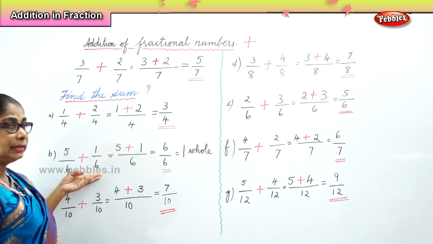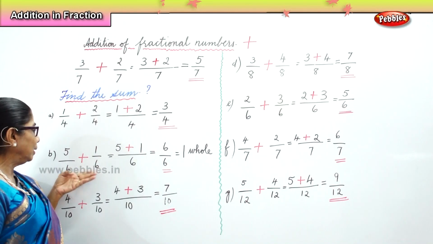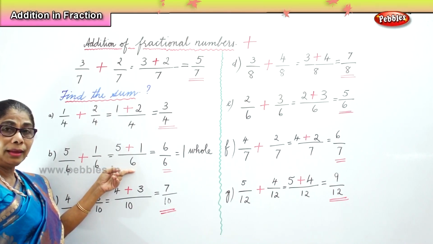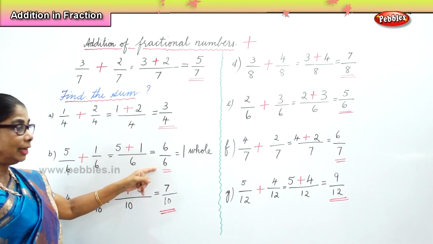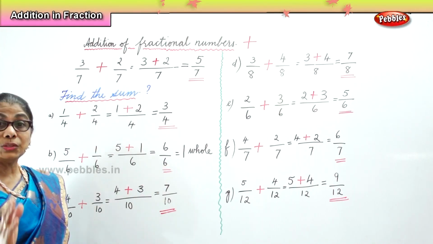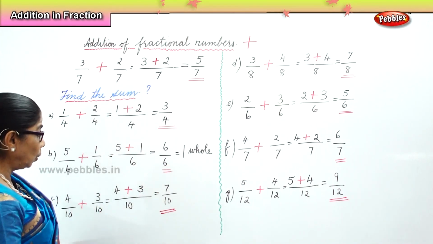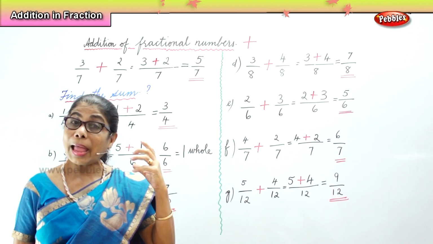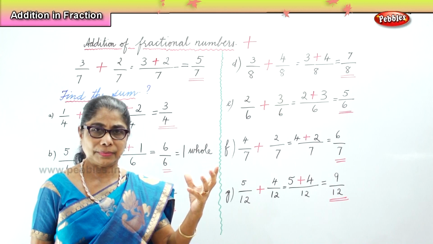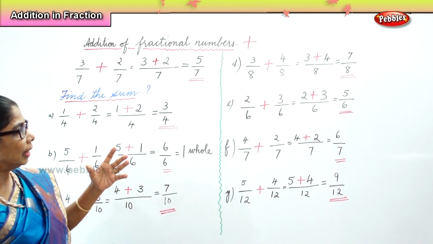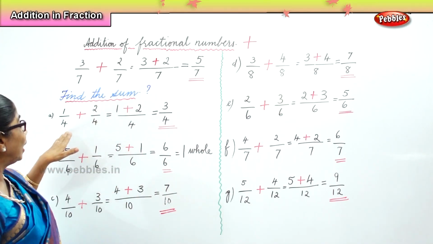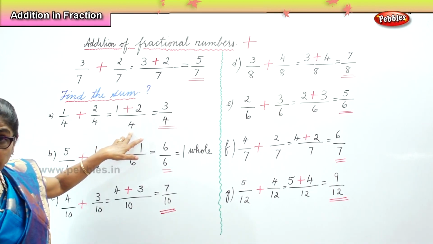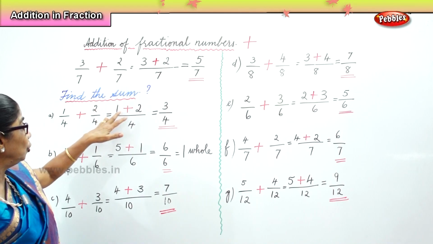But when the numerator and denominator come out the same, then we say that is one whole. Not one, it is one whole. Today we learned to add fractional numbers.